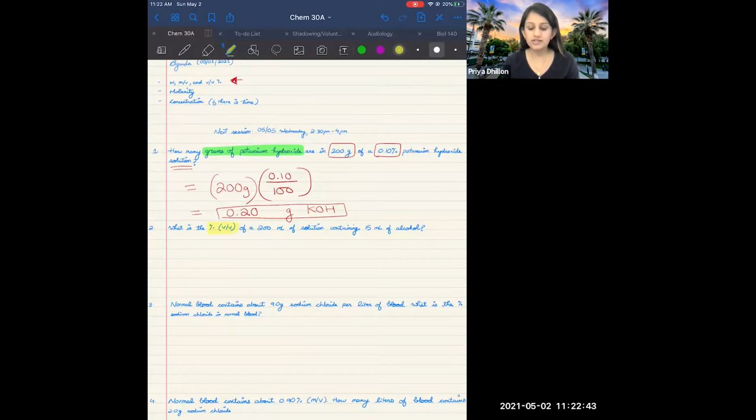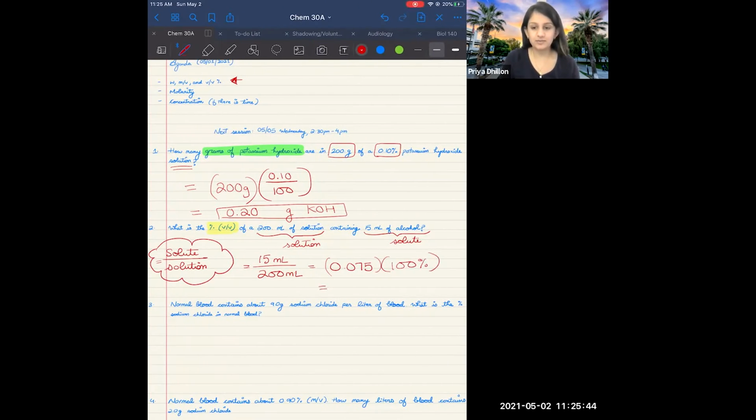So let's read the question and see what's going to be on top and what's going to be on the bottom. So they're saying, what is the percentage, volume over volume, of 200 milliliter of a solution containing 15 milliliter of alcohol? So make sure you know you get what?